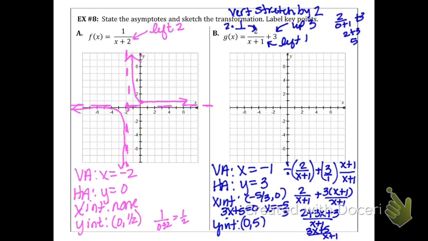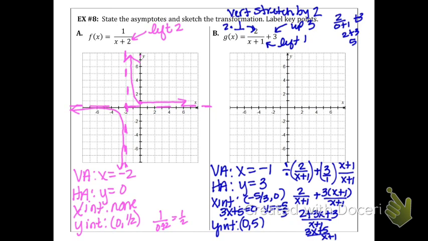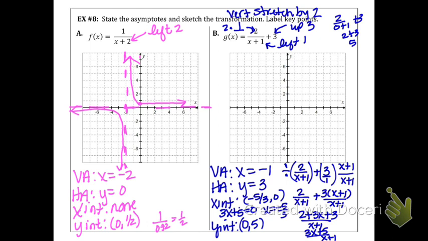Well, maybe if I get it to graph. There we go. X-intercept is negative 5/3, which is like negative 1 2/3. So right in there. Horizontal asymptote up here at 3.